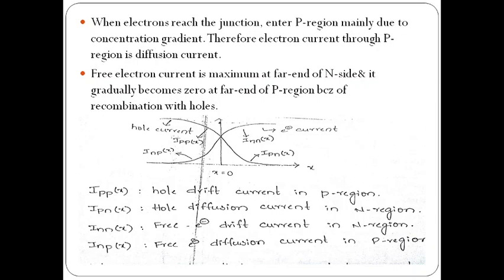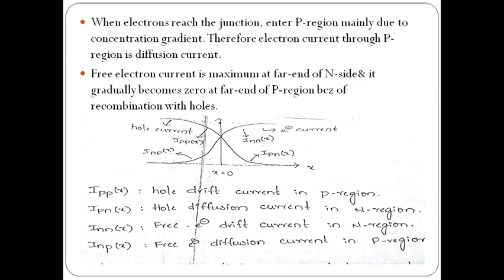After reaching the junction, we can observe the concentration of electrons is more in the n region compared to the p region, because in the p region electrons are minority charge carriers, while in the n region electrons are majority charge carriers.